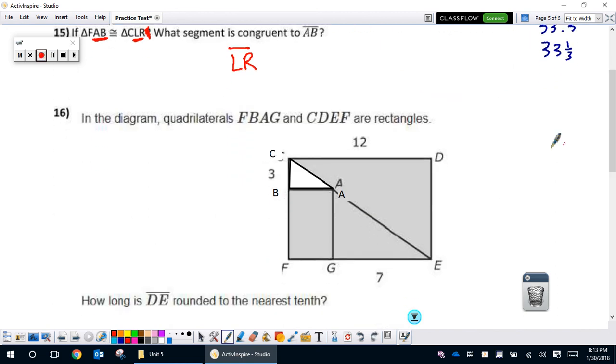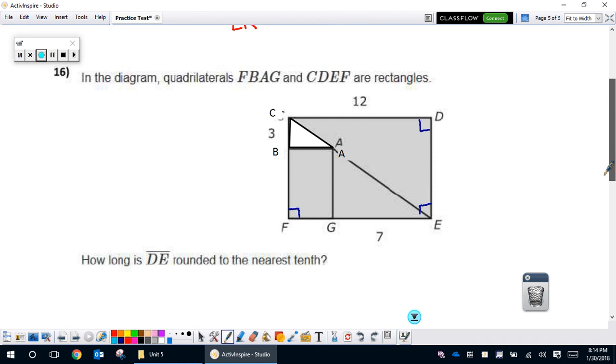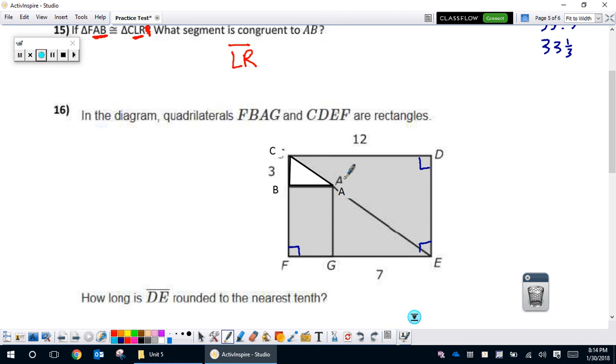Okay? 16. In the diagram, quadrilaterals FBAG are rectangles, which means you got right angles here. Right angles, right angles, right angles. Okay? CDEF is also a rectangle.